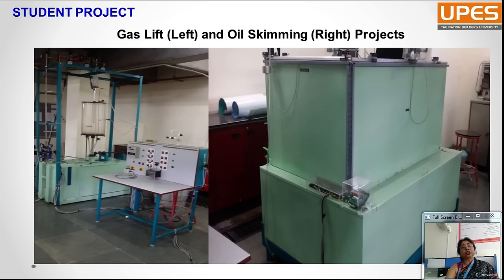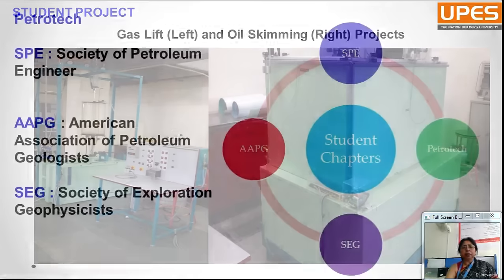In the gas lift operation, when the reservoir cannot produce, or the production has slowed down, you use gas to lift the oil and gas. The students did this kind of work during their project, and they have installed it in our lab.